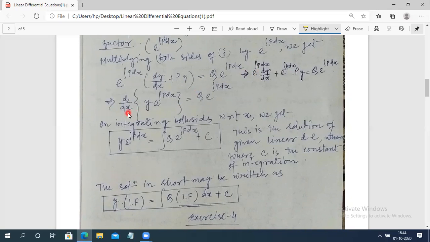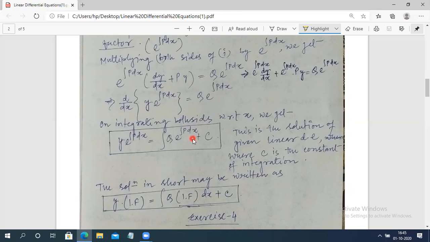Now you integrate both sides of this equation. Then what will happen? On integrating both sides, when we integrate this, we'll get only y e raised to the power ∫p dx. So y e raised to the power ∫p dx is equal to integration of q e raised to the power ∫p dx into dx.